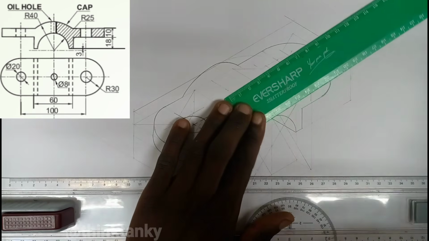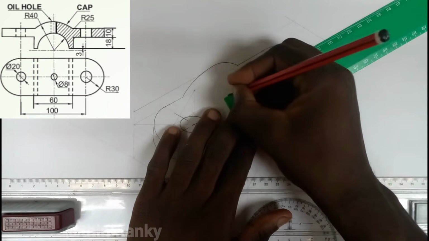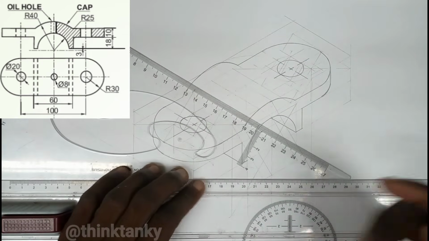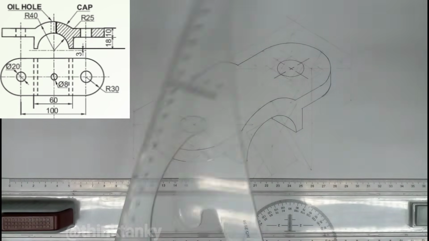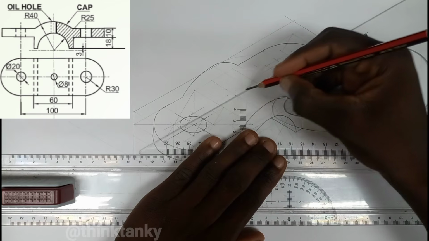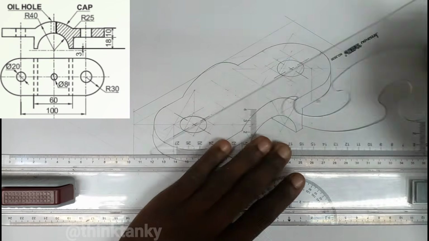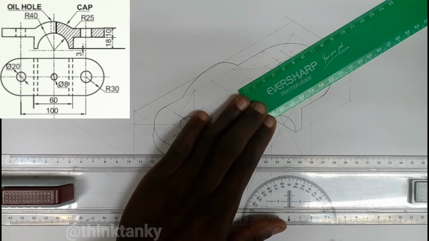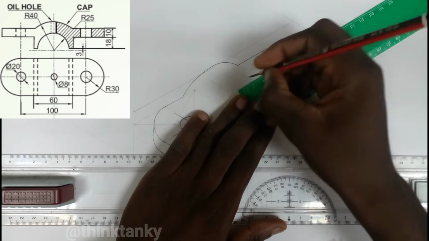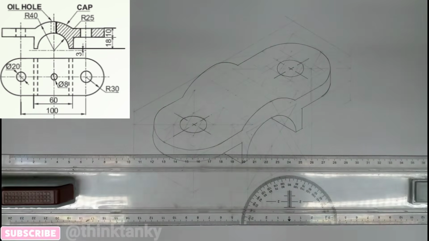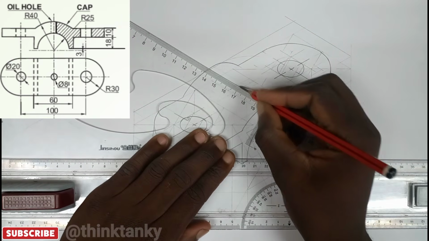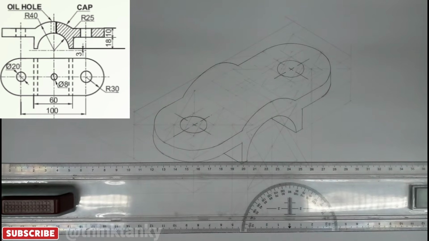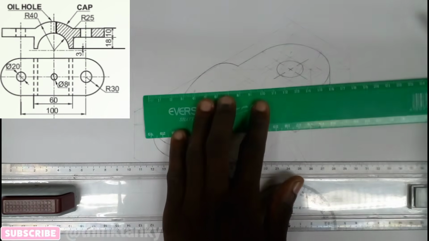Then I do that again. Then I measure 4. And go to a box here, and I'm going to join the longer diagonal.